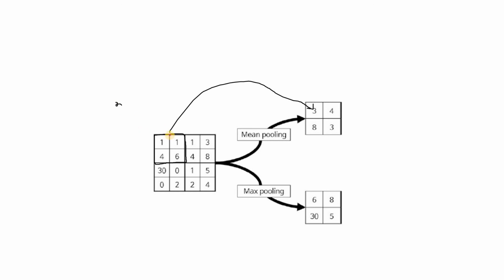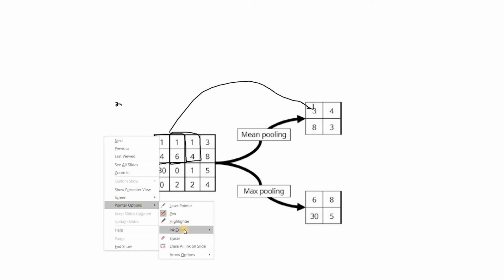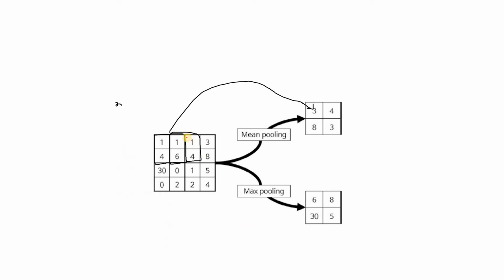So the next block will not overlap like this. It will directly shift by 2 units, and the next position will be like this. And here if you check, 3 plus 1 is 4, 4 plus 4 is 8, 8 plus 8 is 16, divided by 4 is 4. So this single representative value is sitting here.